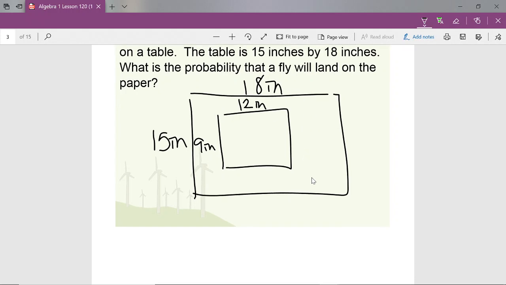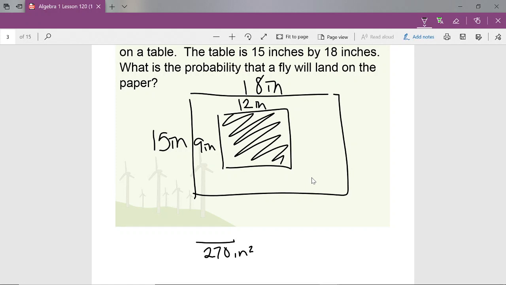Well, we can say the total area of the table is our total outcome, so 15 by 18. 15 times 18 gives me 270 square inches, and then the area of this piece of paper inside of that is what we want him to land in.